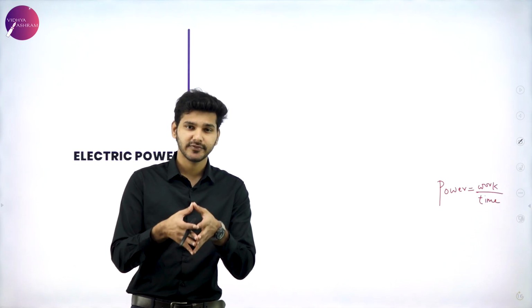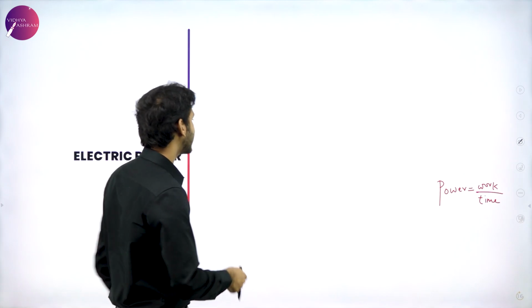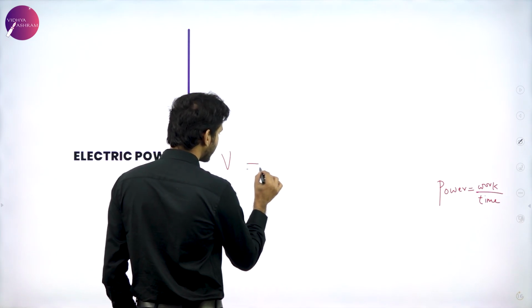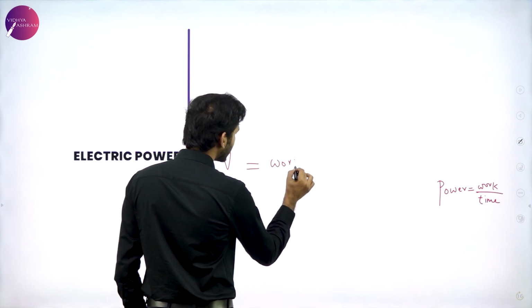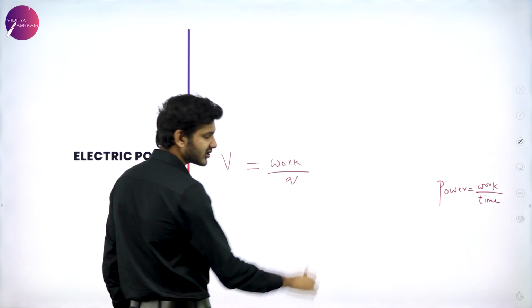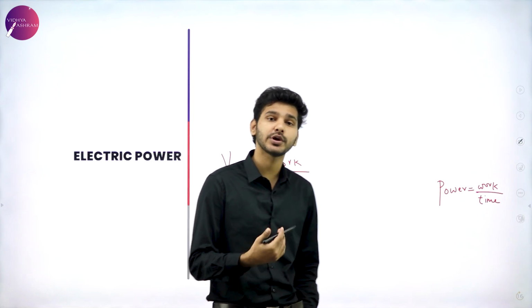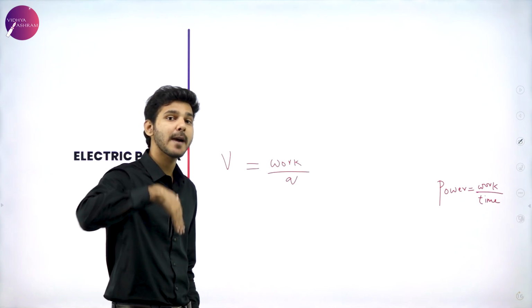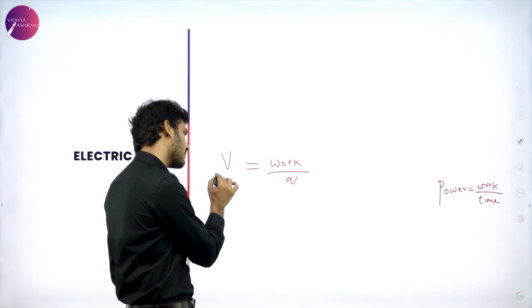So how can you relate work with charges? So we know that the definition of V, that is potential, is given by the equation work divided by charge. Or the definition of potential is that the work done in bringing unit charge, or work done per unit charge, is known as potential.